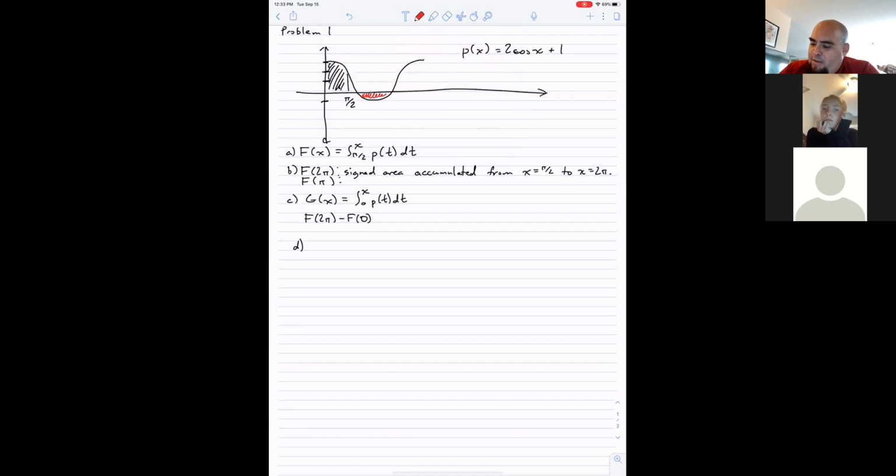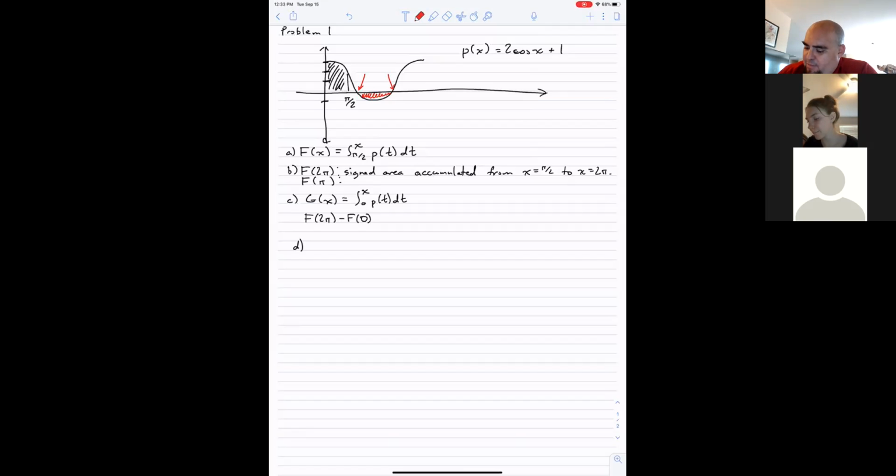So how would I find that? Did you happen to find these two values right here, those x values where it crosses the x-axis? We didn't get that far.